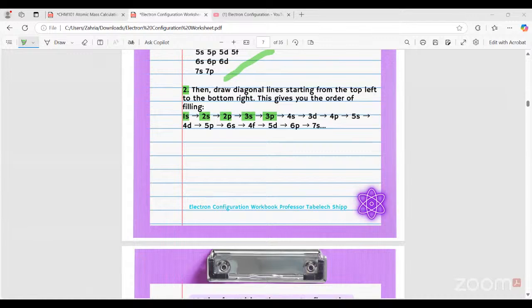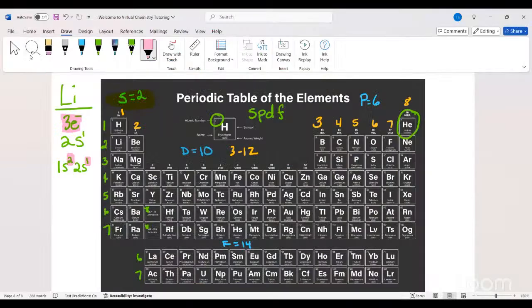The questions over here on the left-hand side of my screen are so that you will know the order in which you would write out your configuration. So let me show you another one.